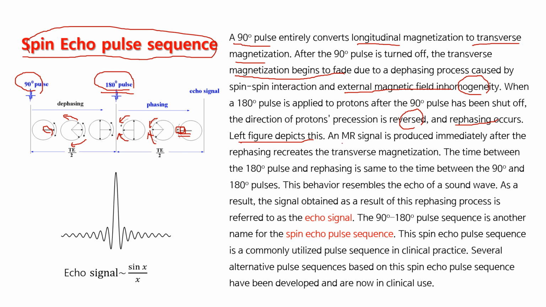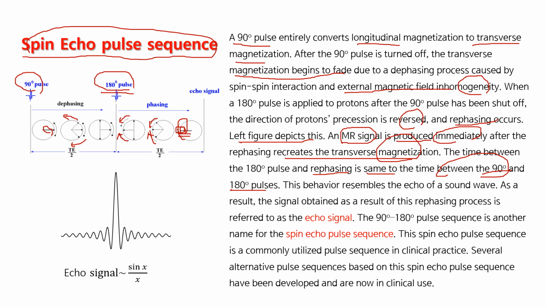So an MR signal is produced immediately after the rephasing creates the transverse magnetization. At this moment, the time between the 180 pulse and the rephasing is the same as the time between the 90-degree and 180-degree pulses.